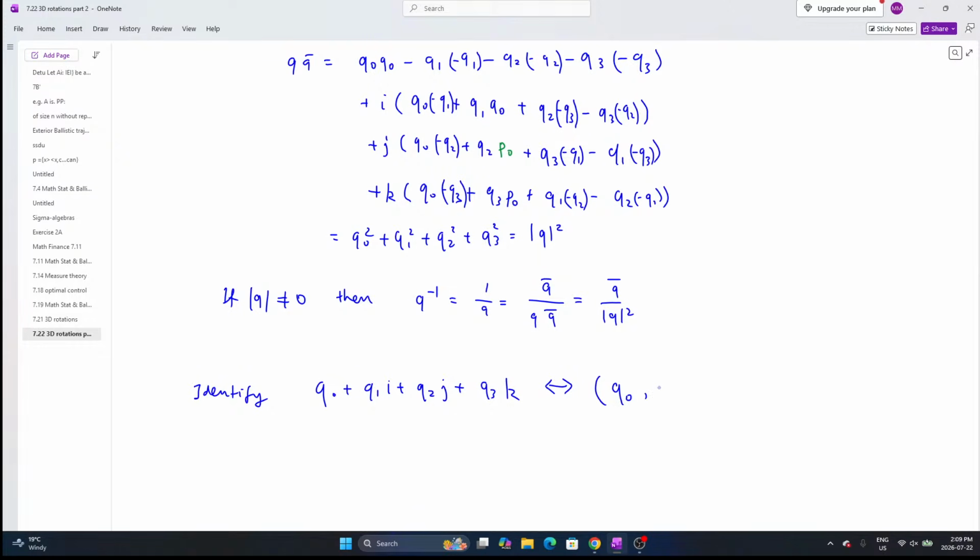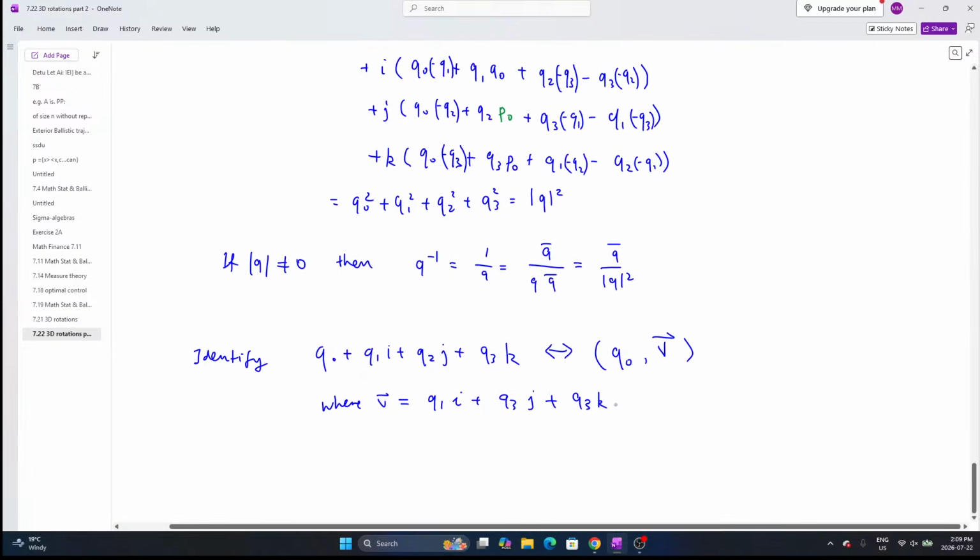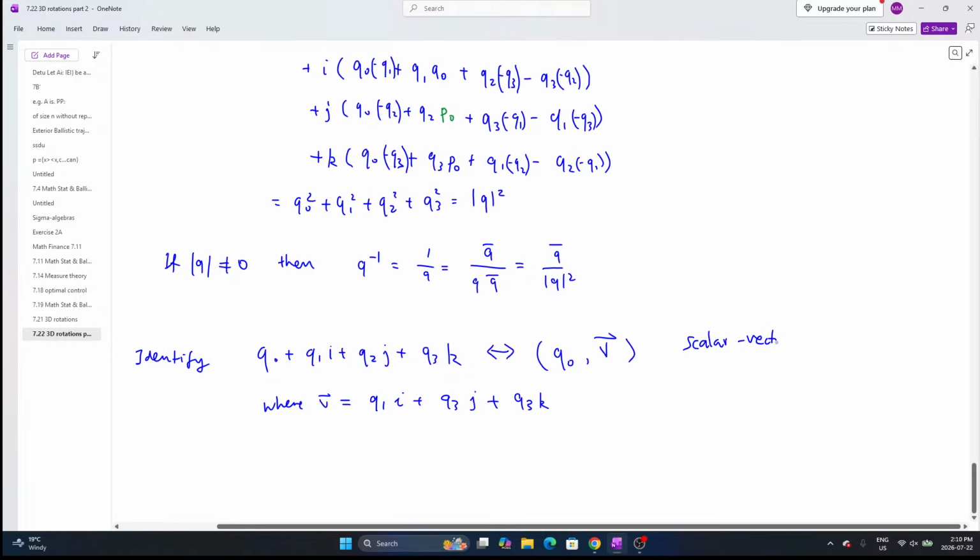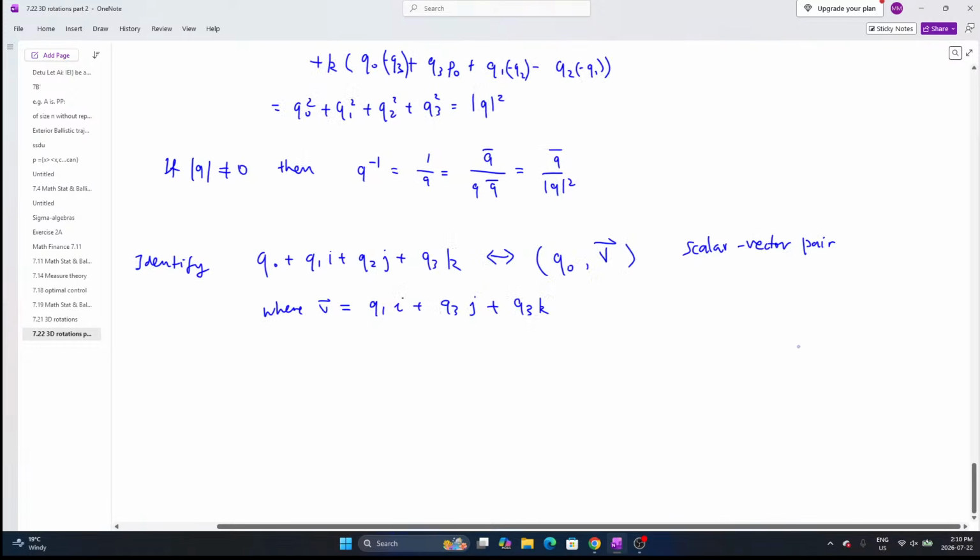The scalar is Q naught and the vector is V, where V is, of course, Q1I, Q2J, and Q3K. So that's the vector part. And now let's do all the algebras in terms of the scalar vector pair, right? This is a scalar vector pair.